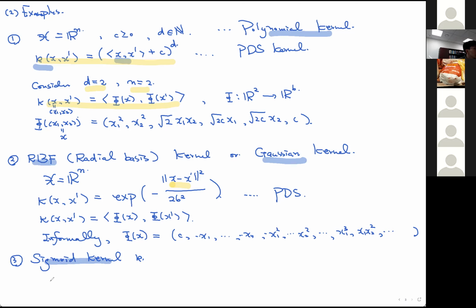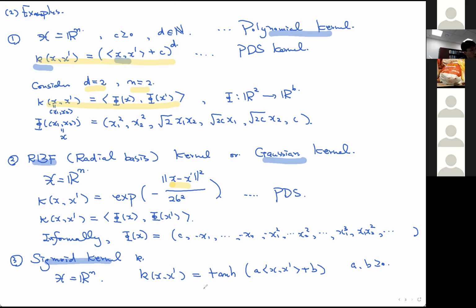In this case, it's the same assumption, x is in R^n. And then the kernel K of x and x prime is defined by taking tanh of a x·x prime plus b, where a and b are non-negative.